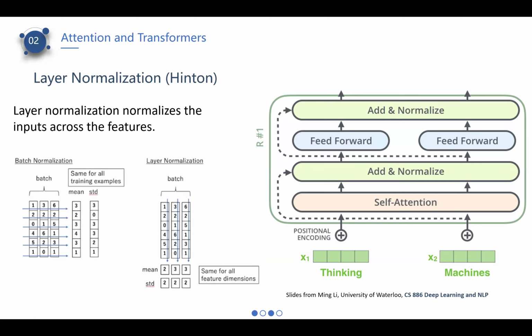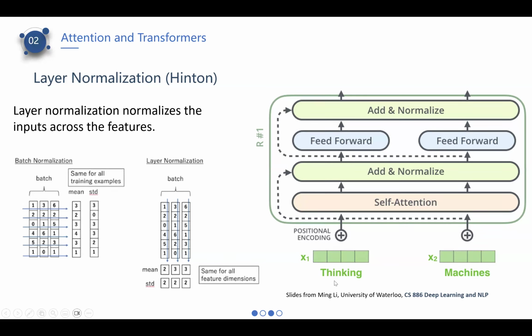So now layer normalization works the other way: we are going to find the mean of each of these vectors, and also the standard deviation, and then we subtract the mean from each of them and divide by standard deviation. That's layer normalization, so that the input to the next layer is normalized.